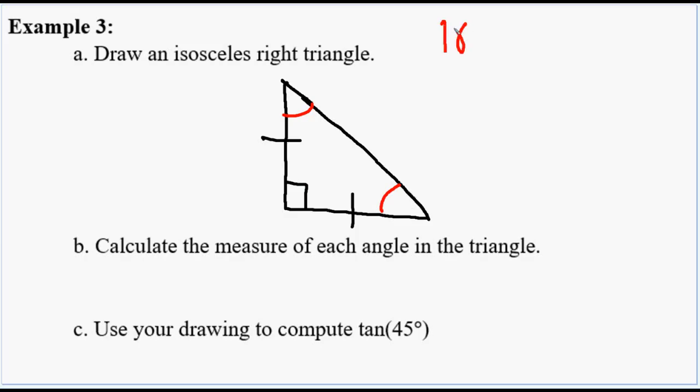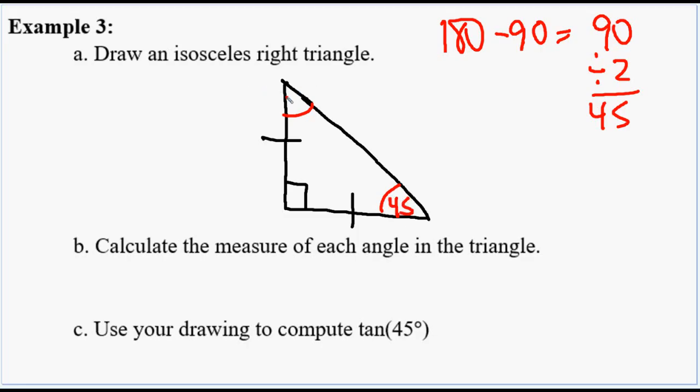And if there's 180 degrees to go around and we use 90 in the right angle, that means there's 90 degrees left, and that will be evenly split between the two remaining angles. So each of these are 45 degrees. Okay, I guess that was part B. Calculate the measure of each angle in the triangle. And then it says use your drawing to compute the tan of 45 degrees.